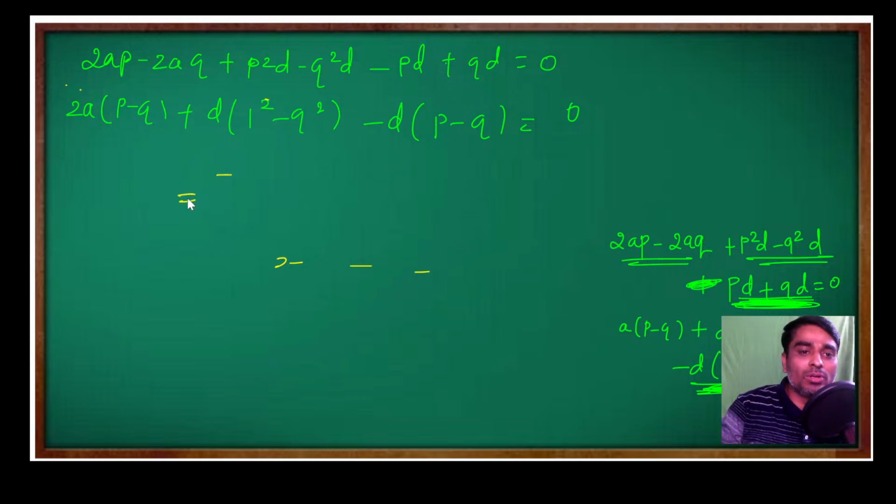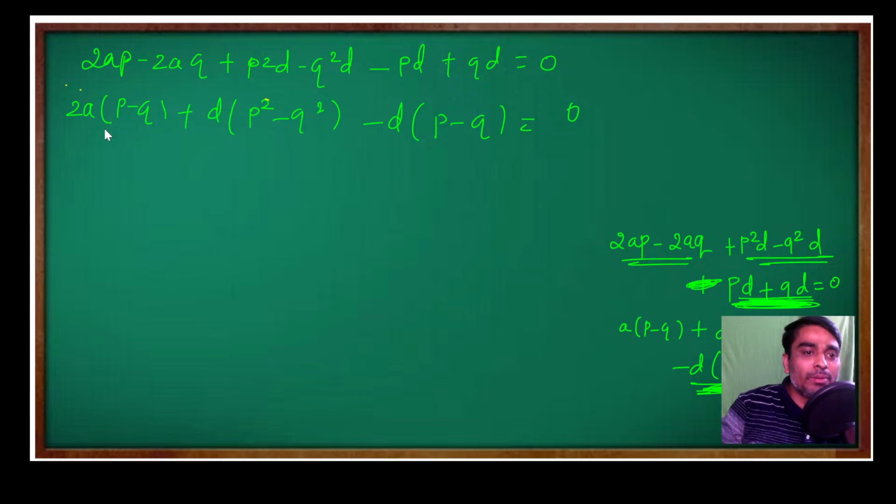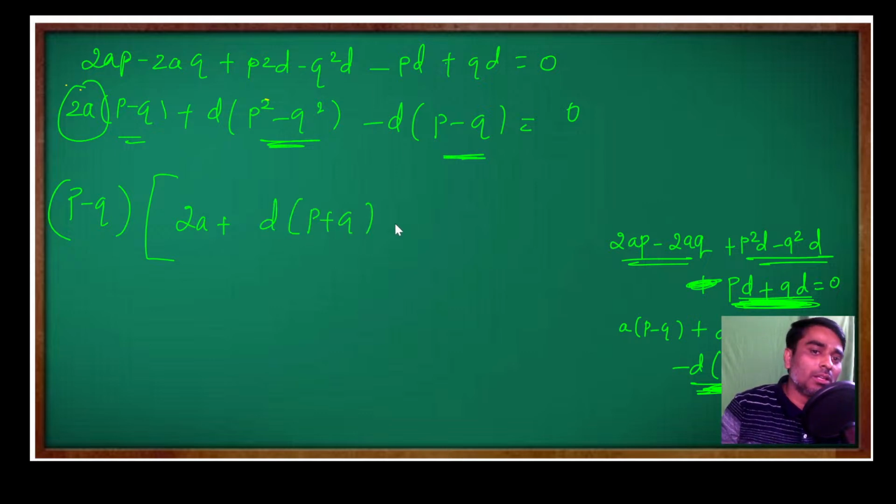Till here we got to know how we did. Now I am seeing here p minus q is common everywhere. P minus q common here also, here also. So I will write p minus q outside. Who is remaining? 2a. Okay. 2a plus d into p plus q, then here minus d equal to 0.